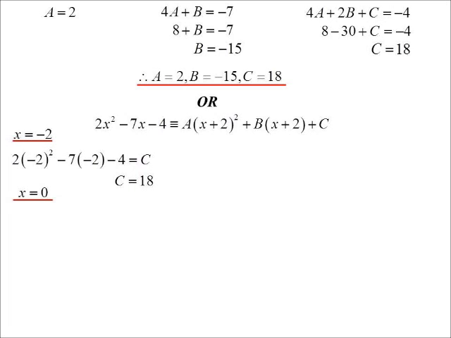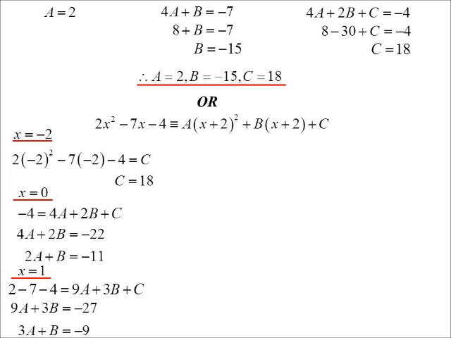I could use x equals 0, because that's a really easy number to substitute in. x equals 0 would give me 2a plus b is negative 11. I'll pick another number, 1, again, I'm just picking easy numbers. And that gives me 3a plus b is negative 9. Simultaneous equations, I can then get a and b. There we go, we get the same answers.